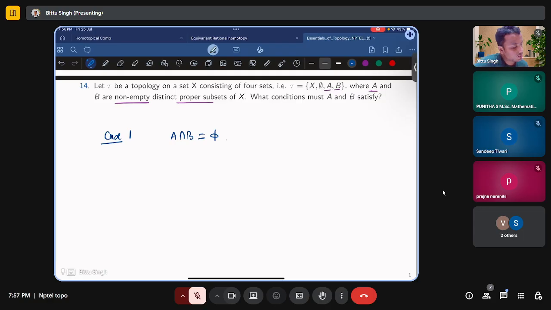If their intersection is empty, then their union should belong to tau, because tau is a topology. Okay, so their union belongs to tau. So what are the choices?